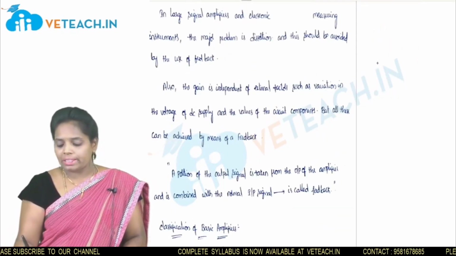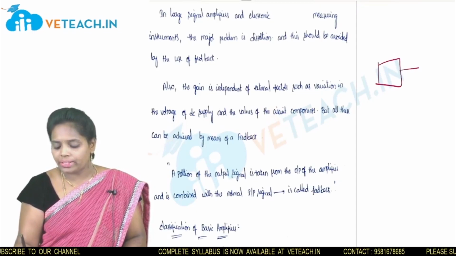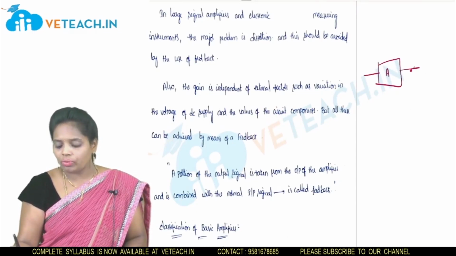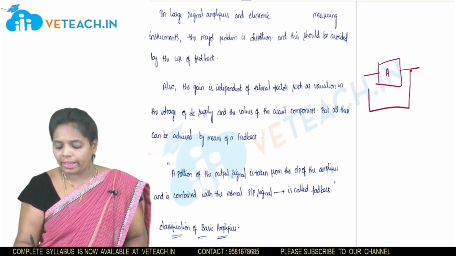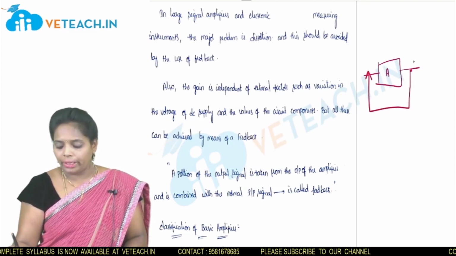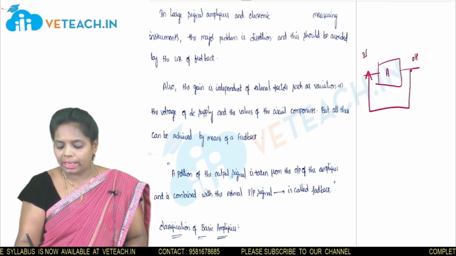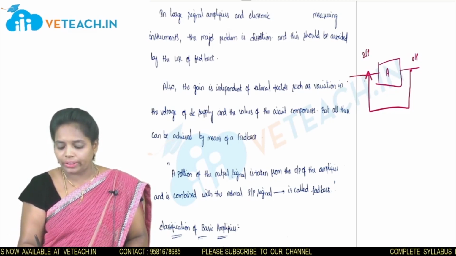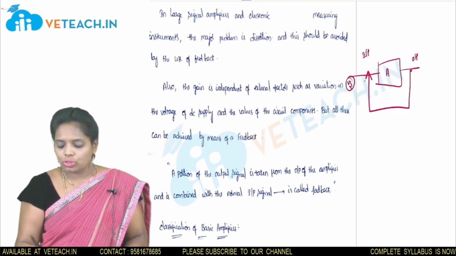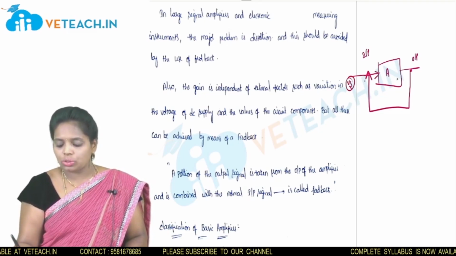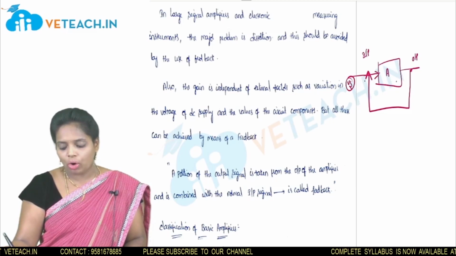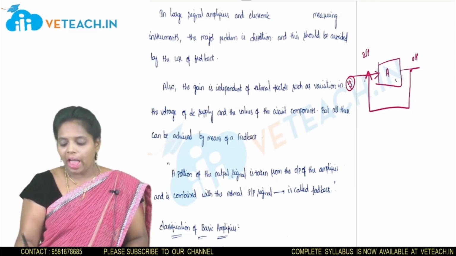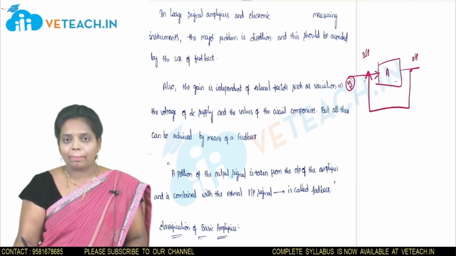Feedback is nothing but this: let us consider an amplifier circuit. A portion of the output signal is given again to the input, mixed with the source signal, and which is again given to the amplifier.